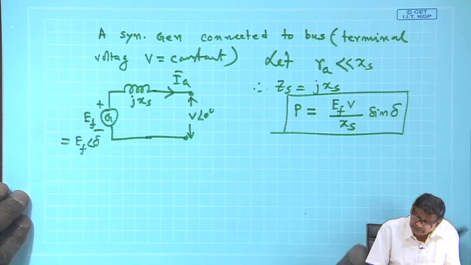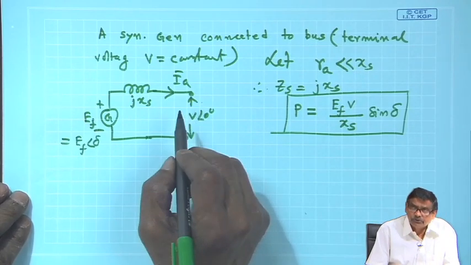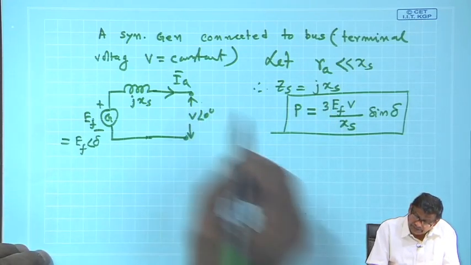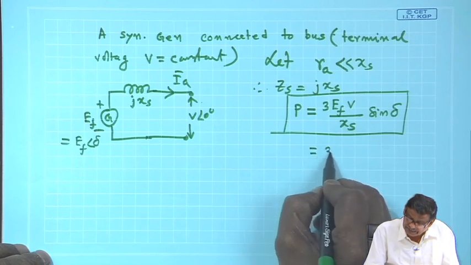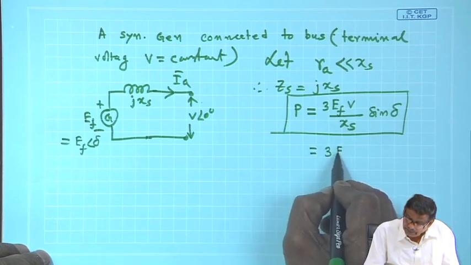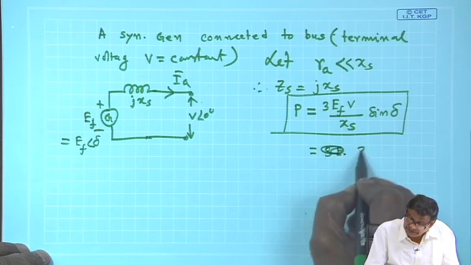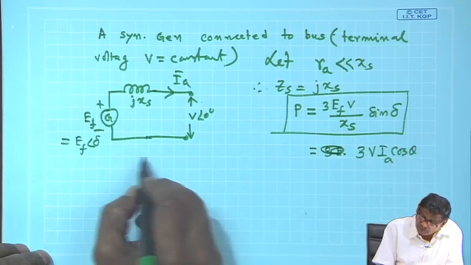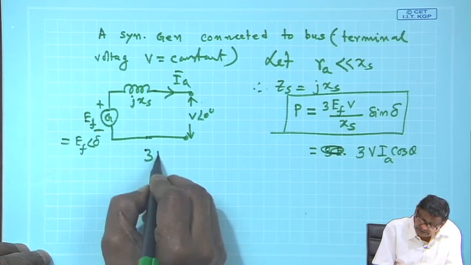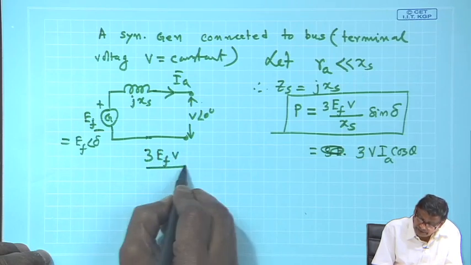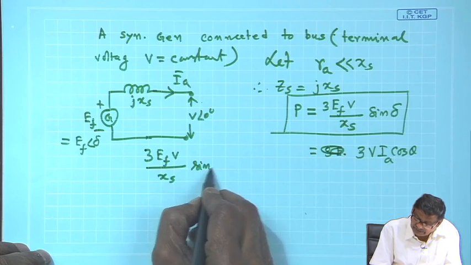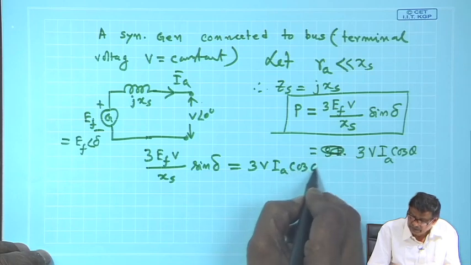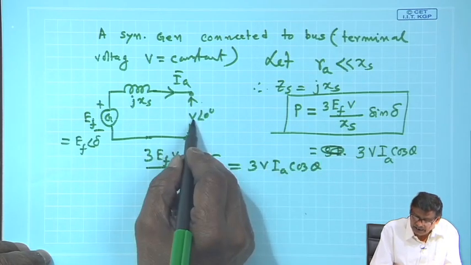Per phase, multiplied by 3, it is also true that the real power is 3 V I_A cos theta. So, 3 E_F V by X_S into sin delta must also be equal to 3 V I_A cos theta, where theta is the power factor angle between V and I_A.